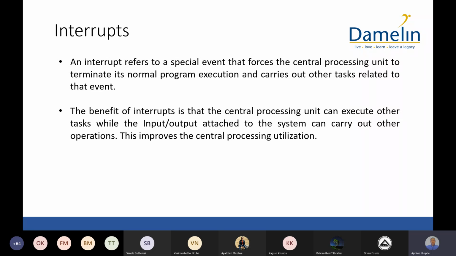So what is an interrupt? An interrupt refers to a special event that forces the central processing unit to terminate its normal program execution and carry out other tasks related to that event. The benefit of interrupts is that the CPU can execute other tasks while the input-output devices attached to the system carry out other operations. This improves CPU utilization.